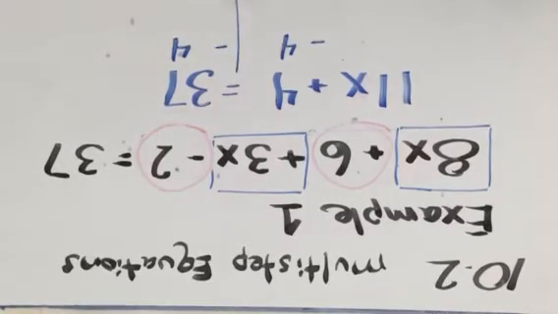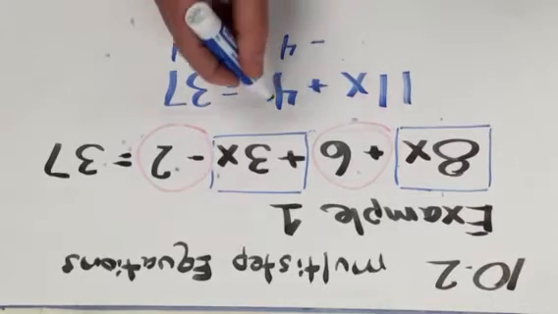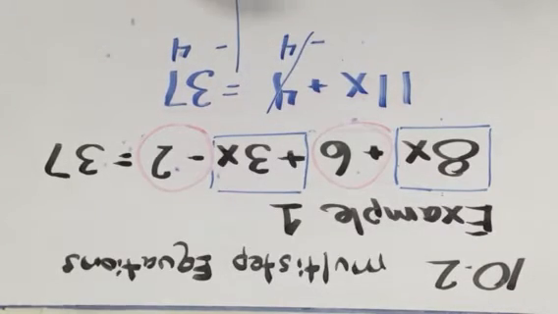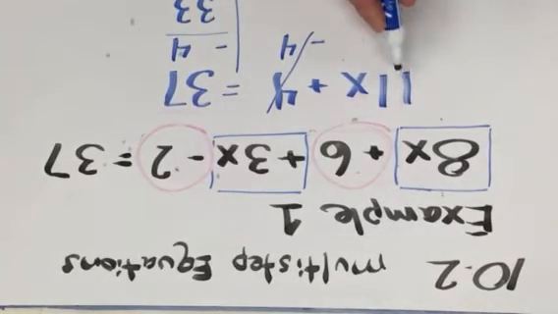I like to draw a fence so we can make sure we're doing the same thing on both sides. These cancel out, and over here we have 33. We haven't done anything with the 11x, so we'll just bring it down.